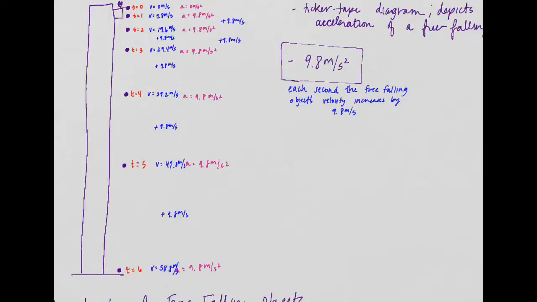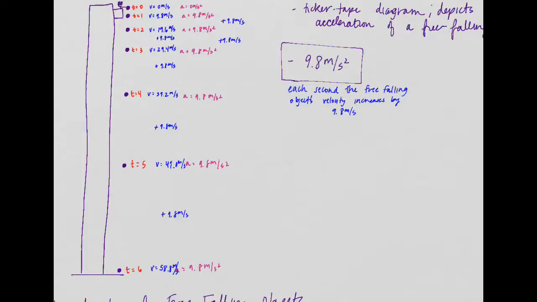All right, so as the ball hits the ground, it started at 0 meters per second. It sped up every time. Every second, it's speeding up by 9.8 meters per second. So you can think of this also as a car, right? A car starts at 0 and accelerates, let's say, 10 meters per second every second.